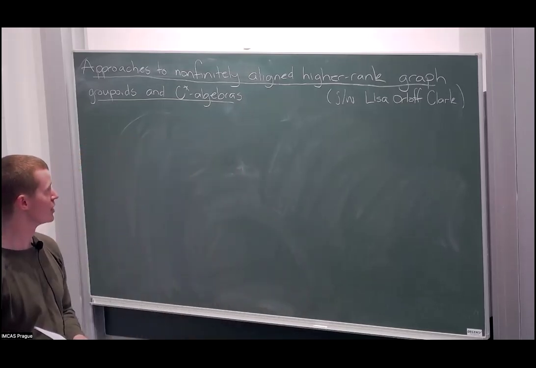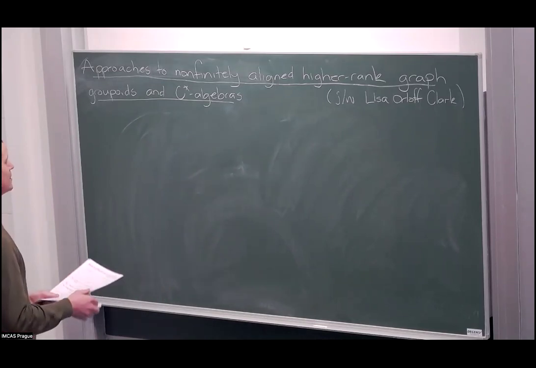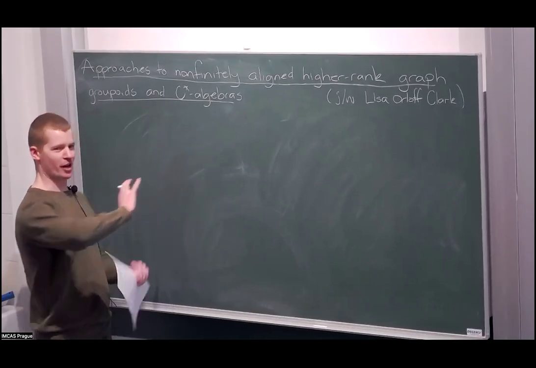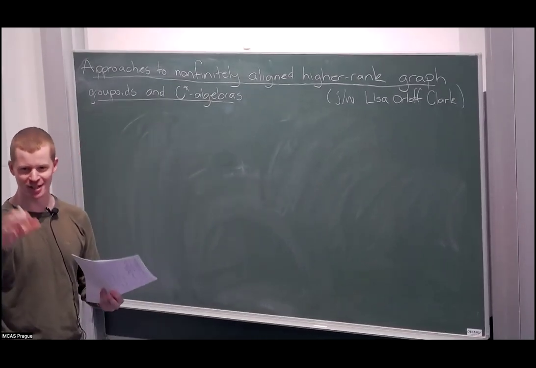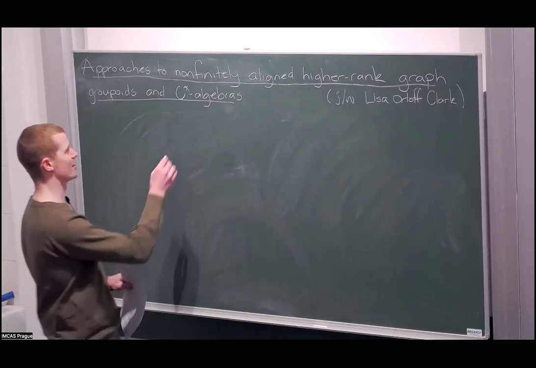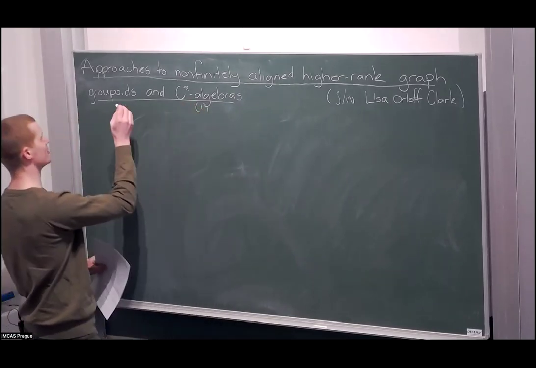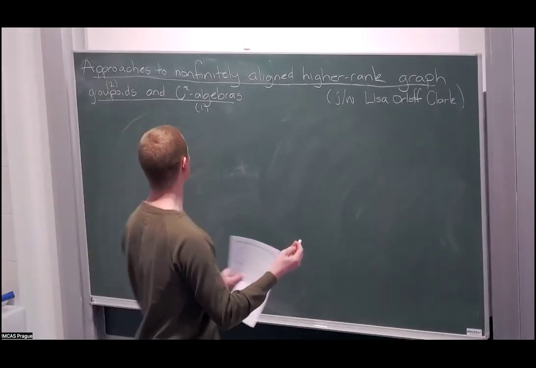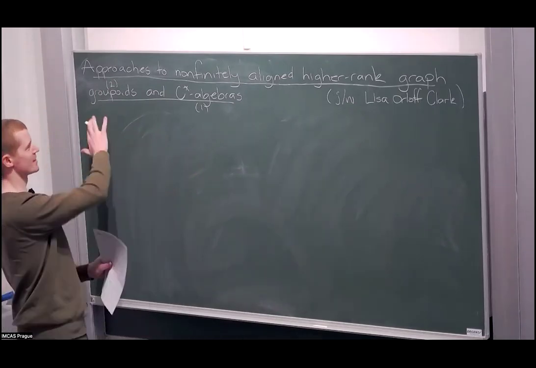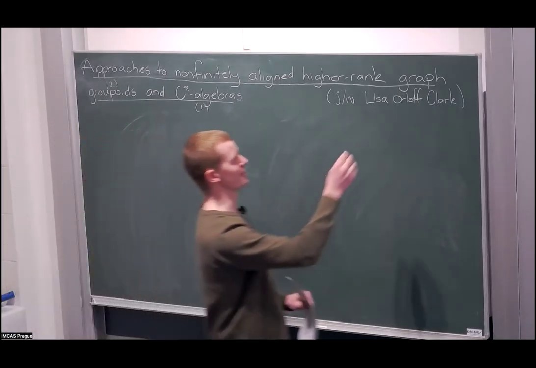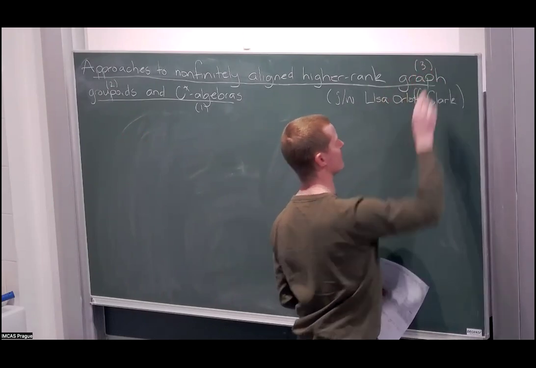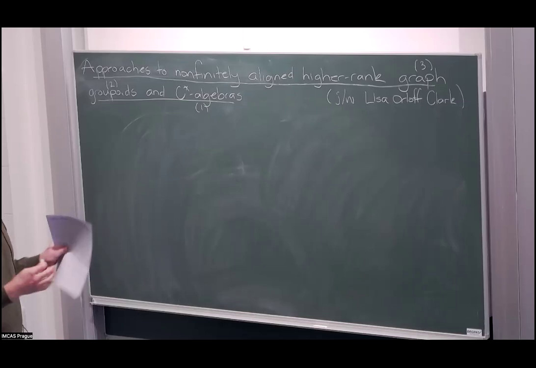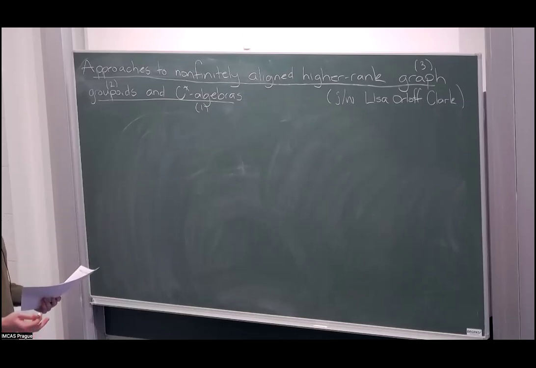So the plan is to start by saying what are C-star algebras and how might we try to understand them? So that's number one. Number two, and so far we're just refreshing what Ben's already told us: how can we understand them from groupoid C-star algebras? And then number three is how can we think of C-star algebras from graphs via groupoids, once we have the tool to get a C-star algebra from a groupoid.